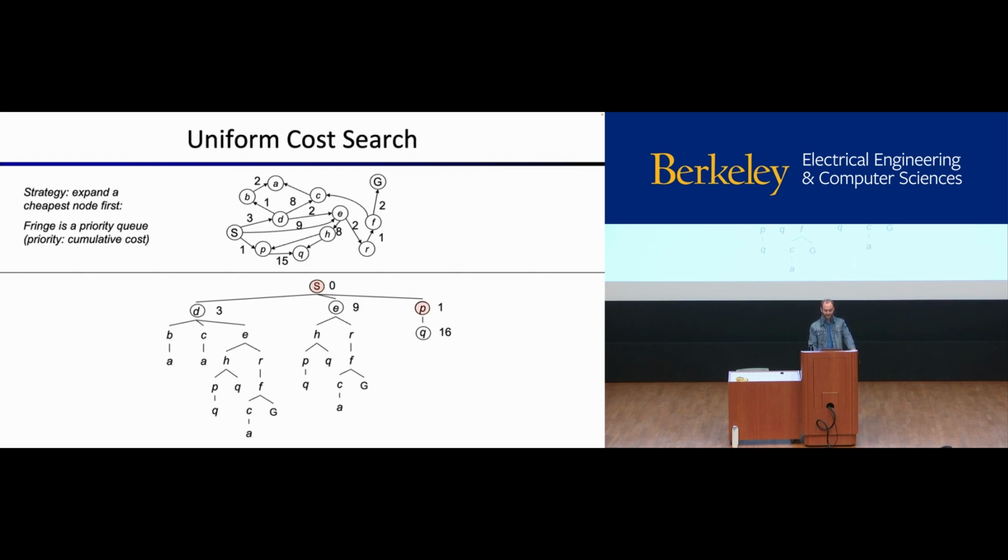Now we have 3, 9, and 16, so we expand 3. And note, this is not a 15, it's a 16. It's the total cost to get there, not the cost we've just added. Makes sense. So we just keep going, adding whichever node has the lowest cost.